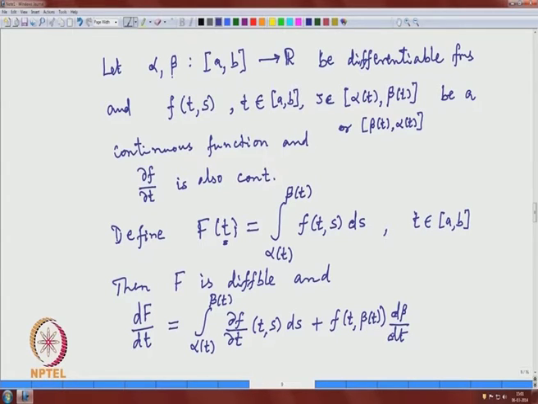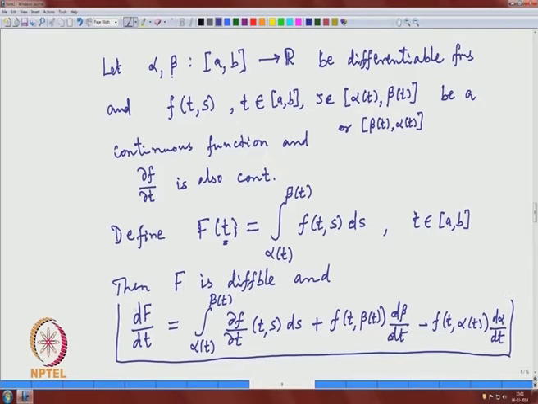And since this is in the upper limit, it comes with a plus sign, and alpha t is in the lower limit, that comes with a negative sign: f of t, alpha t times d alpha by dt. Okay. And this is very useful when you study boundary value problems. Okay.